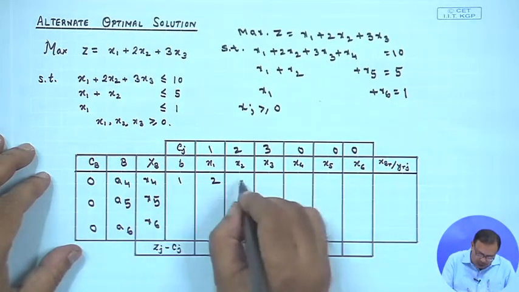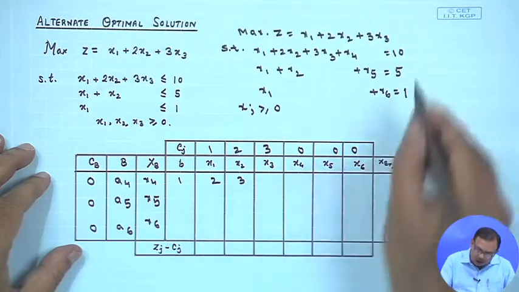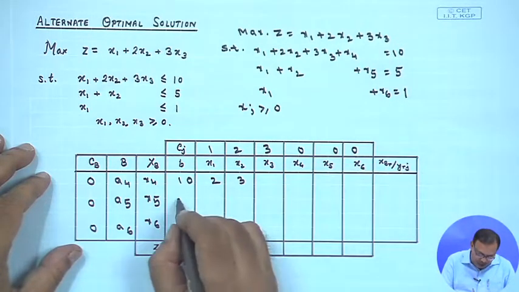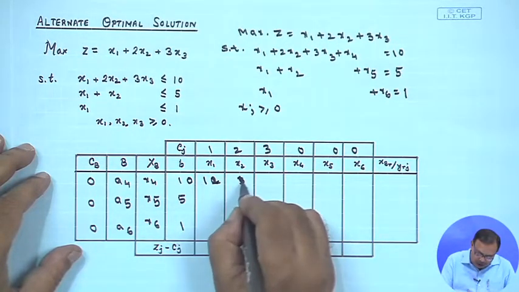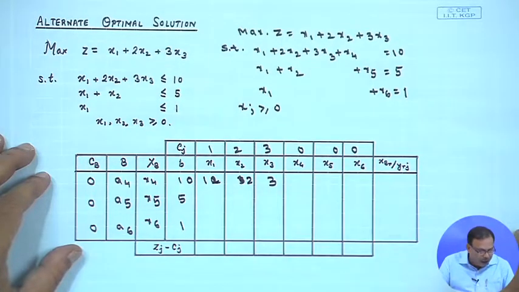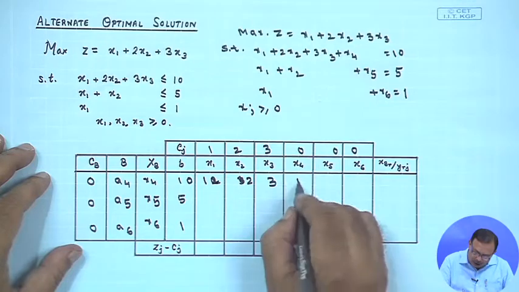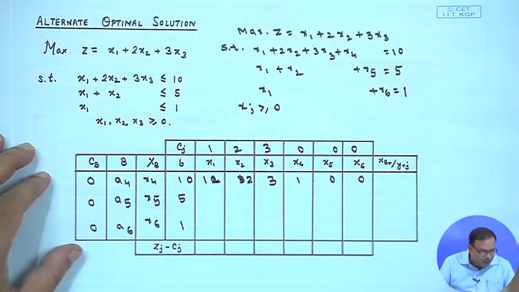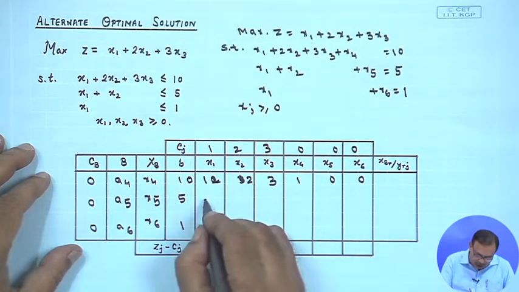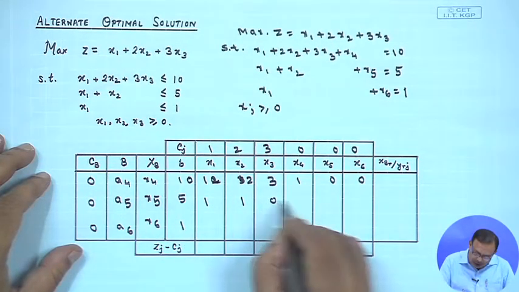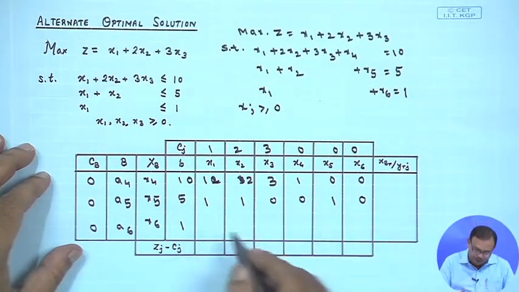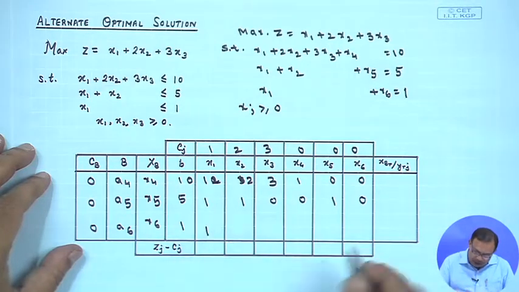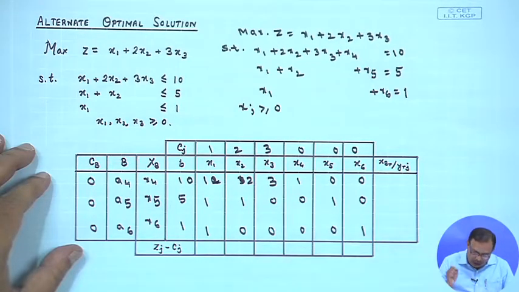The b values are 10, 5 and 1. The first row is 1, 2, 3, with x4 as 1 and x5, x6 as 0. For the second, the coefficients of x1 and x2 are 1, x3 and x4 are 0, x5 is 1 and x6 is 0. For the last one, the coefficients of x1 and x6 are 1, all others are zeros.